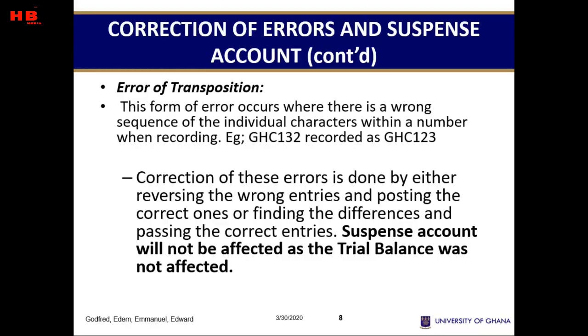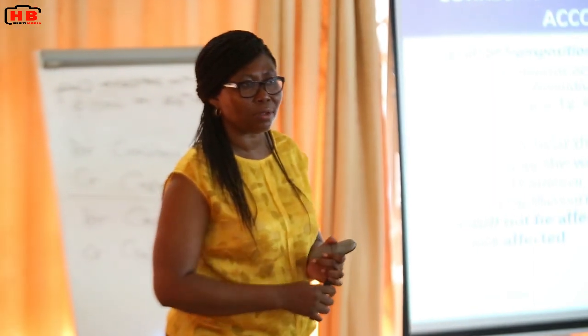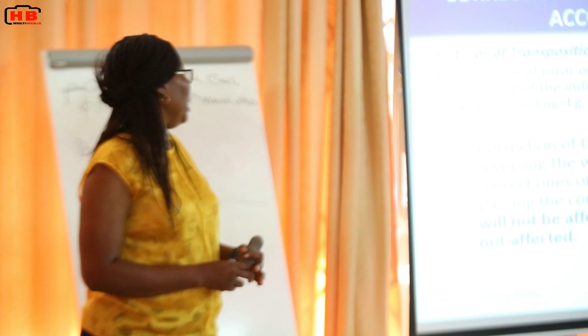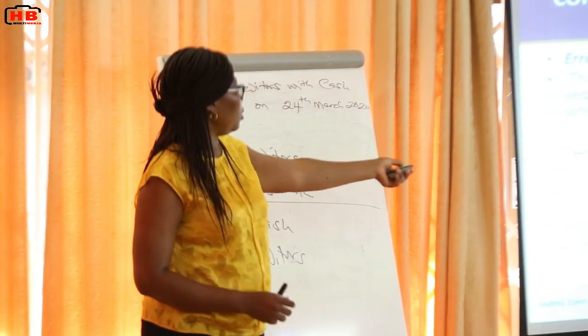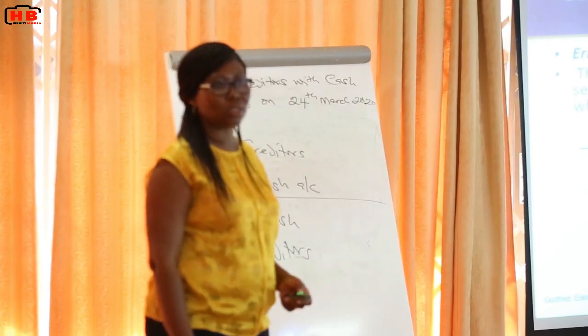Then we have the error of transposition. With transposition errors, we have transposed the figures. Sometimes in recording, we accountants are all dealing with figures. Even in your exam, sometimes you are tabulating, and instead of writing 135, you write 153. It is allowed, but when it happens, it only suggests that the correct figure has been transposed.